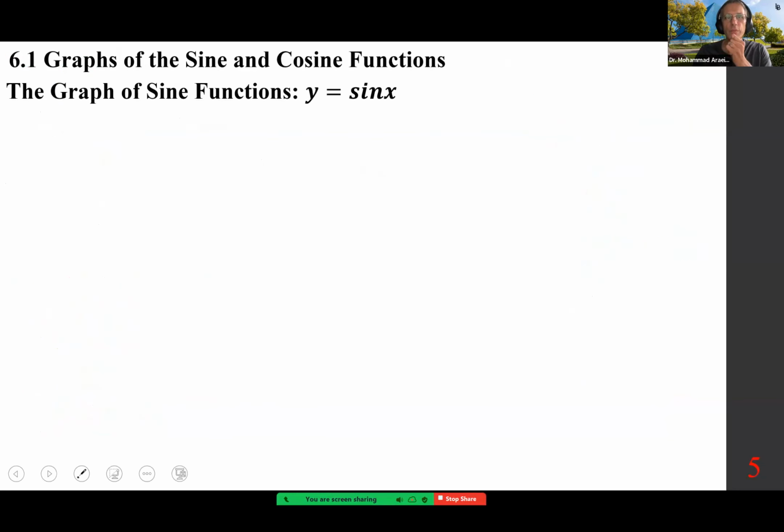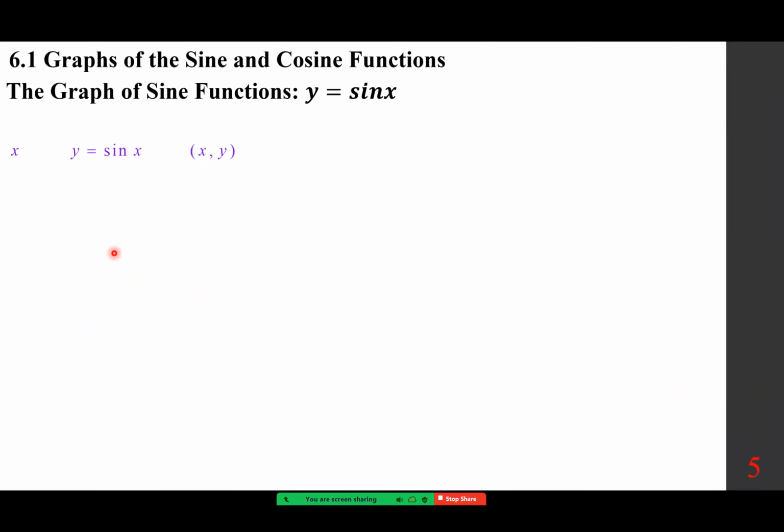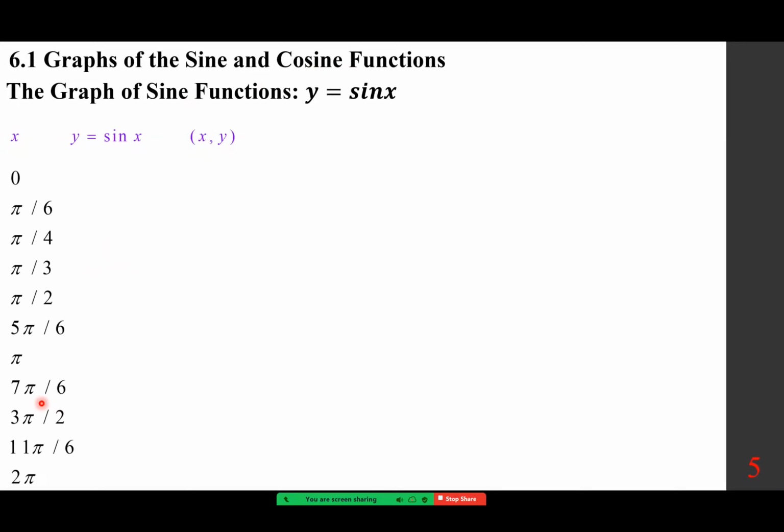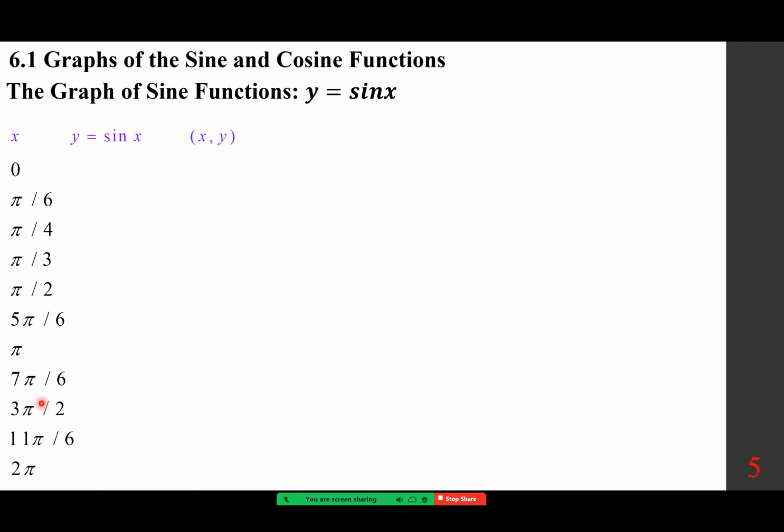So how do we graph something like y equals cosine x, or in this case, sine x? We want a complete cycle, and we are going to go with x, y, and x comma y. This is, of course, the function. So what do we pick? We can pick any value from 0 to 2 pi, any arc, any angle, but we're going to stick with easy ones, the common arcs that we know.